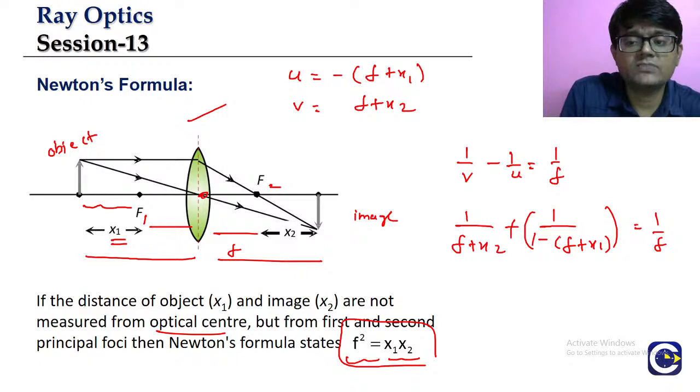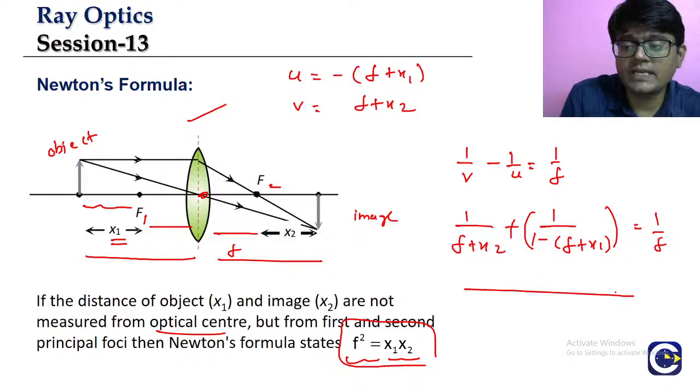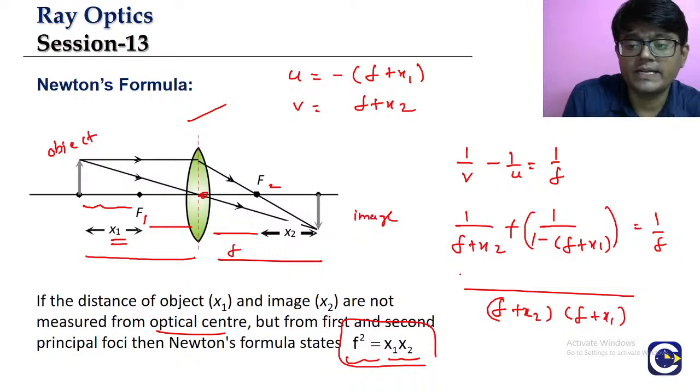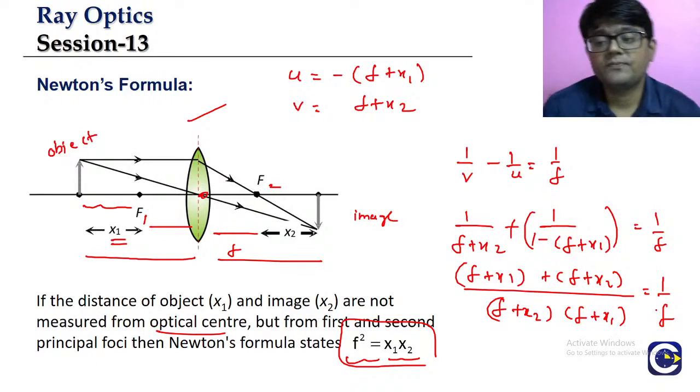So minus minus will become plus. We can take an LCM. We'll have f plus x2 into f plus x1 in the denominator, and in the numerator f plus x1 plus f plus x2. This is equal to 1 by f.